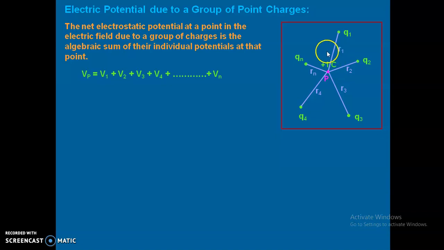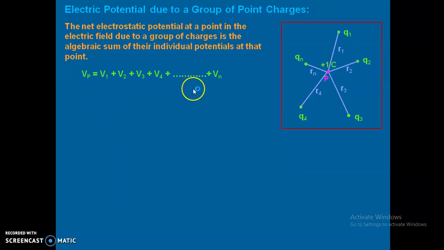So for this test charge at this particular point, how much potential will be stored? That will be determined by the algebraic sum of the potential at this point due to all these charges, Q1, Q2, Q3, Q4 up to Qn, right?